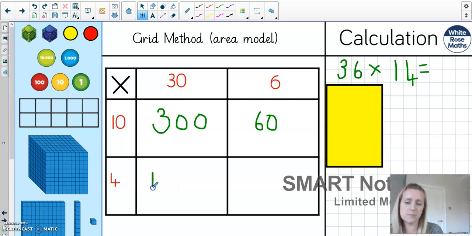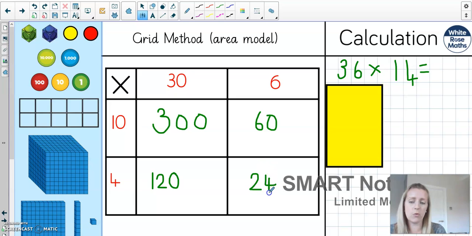I'm going to do 4 times 3, which I know is 12. Then make my answer 10 times bigger, because I actually need to multiply by 30, not 3, and 30 is 10 times bigger than 3. And then last but not least, 4 times 6. So I'm going to count up in 6 4 times: 6, 12, 18, 24.